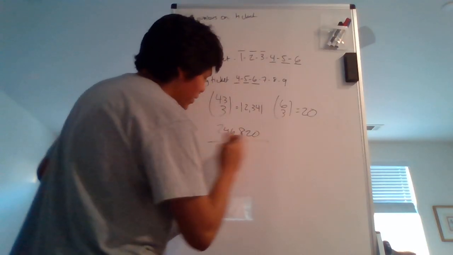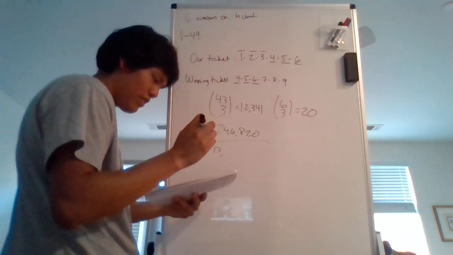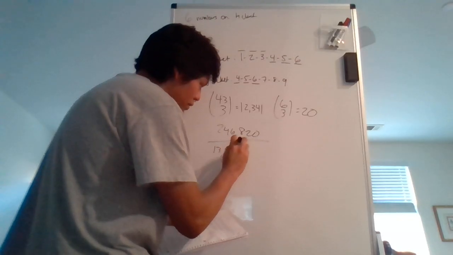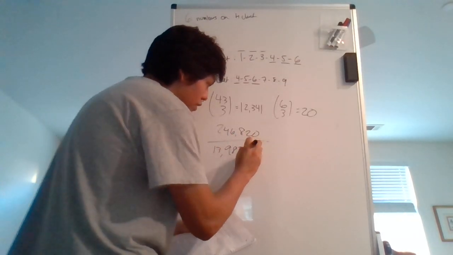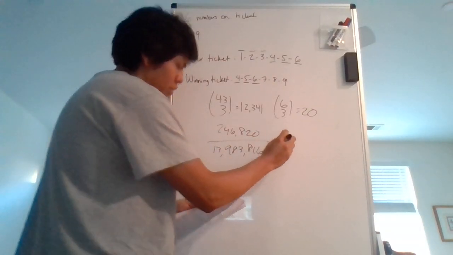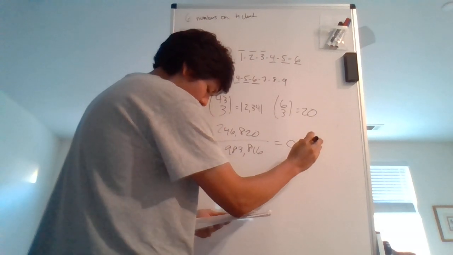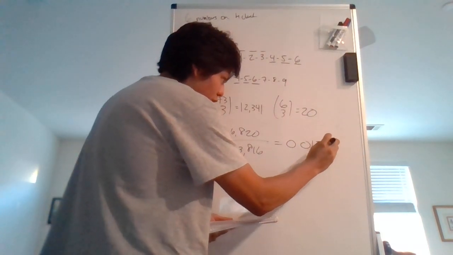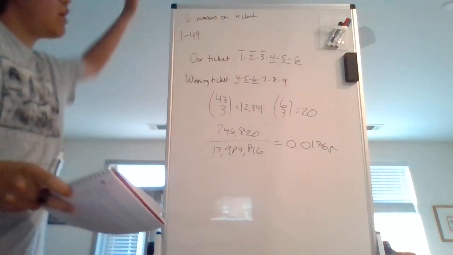This would be over the 13 million that we found earlier, 13,983,816, which is equal to 0.01765. Okay.